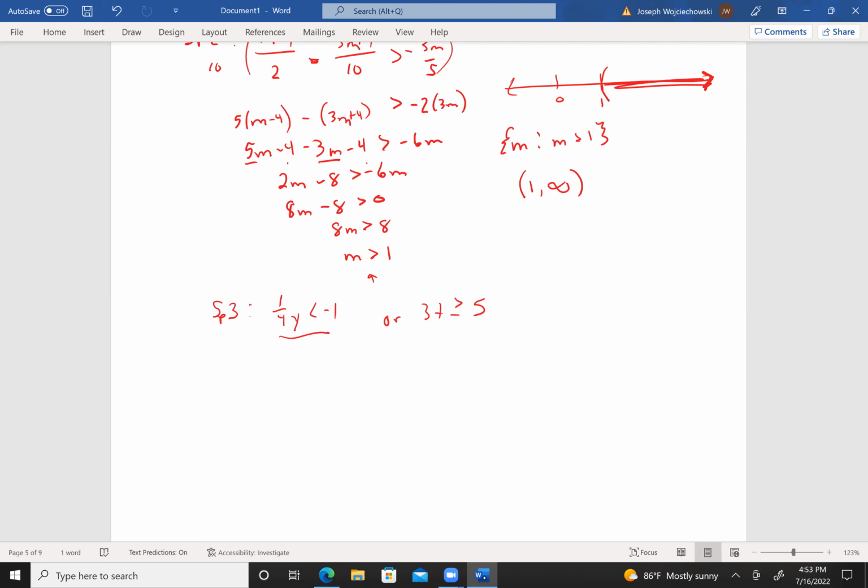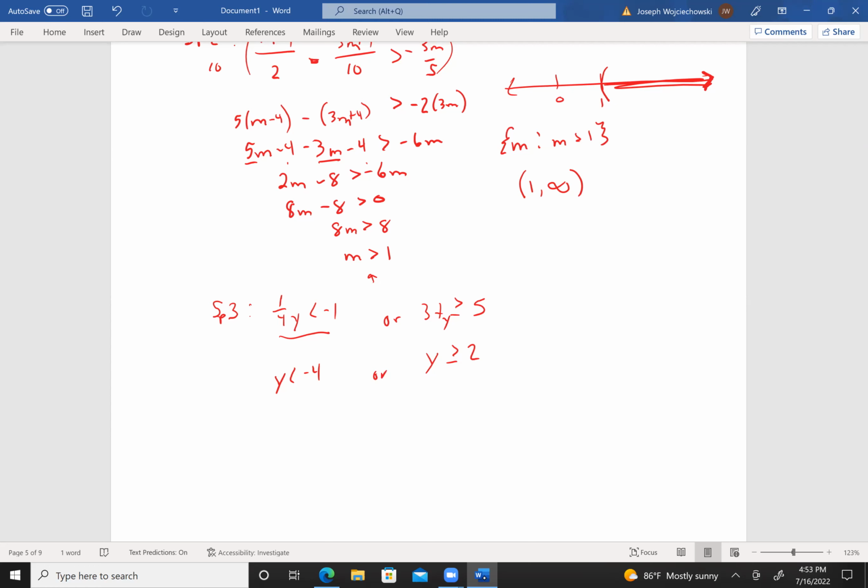Here I'm going to multiply by 4, which is positive, so my sign stays the same. 3 plus y. So here I'm going to subtract 3. So my sign stays the same because it's subtraction. So y is less than negative 4 or y is greater than or equal to 2.